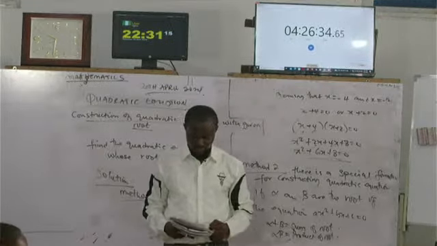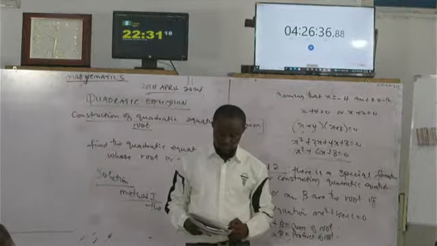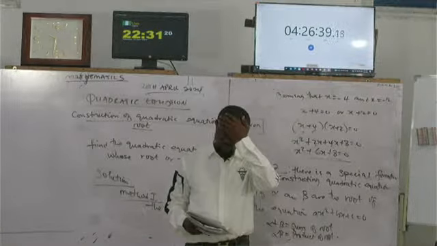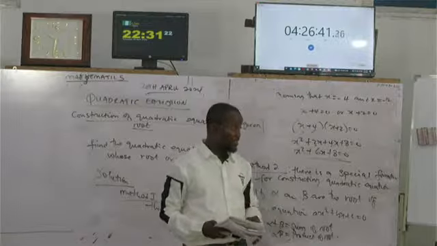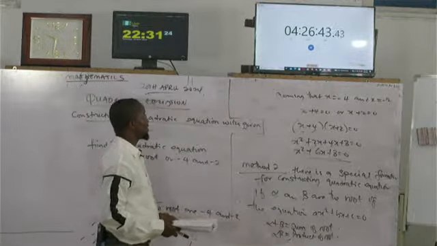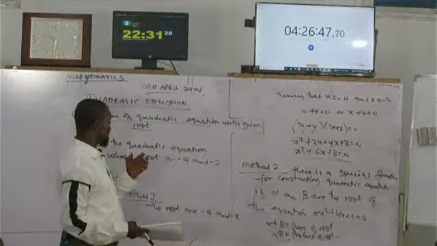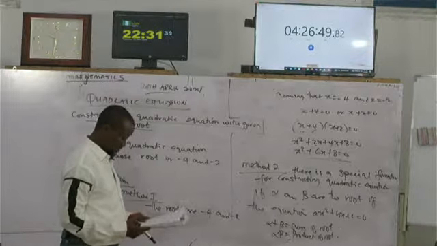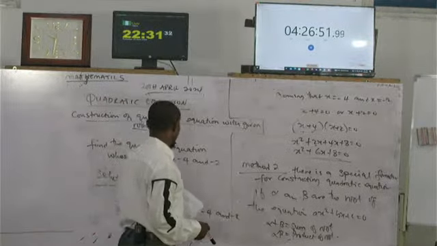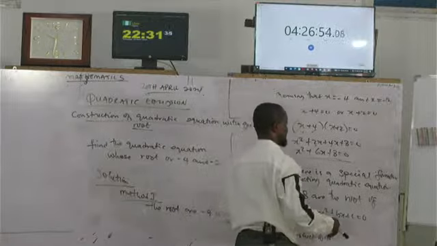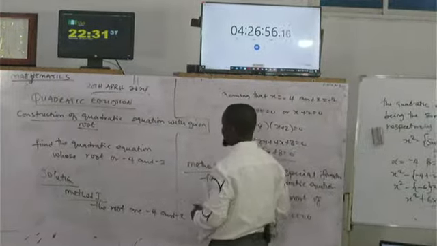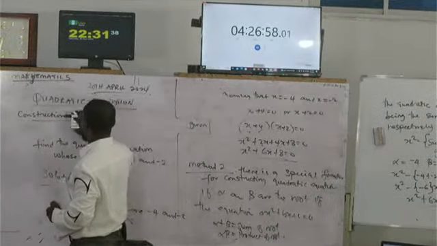All right. Please, we've been able to get the construction of a quadratic equation with given roots. Let's see example 2 of that.